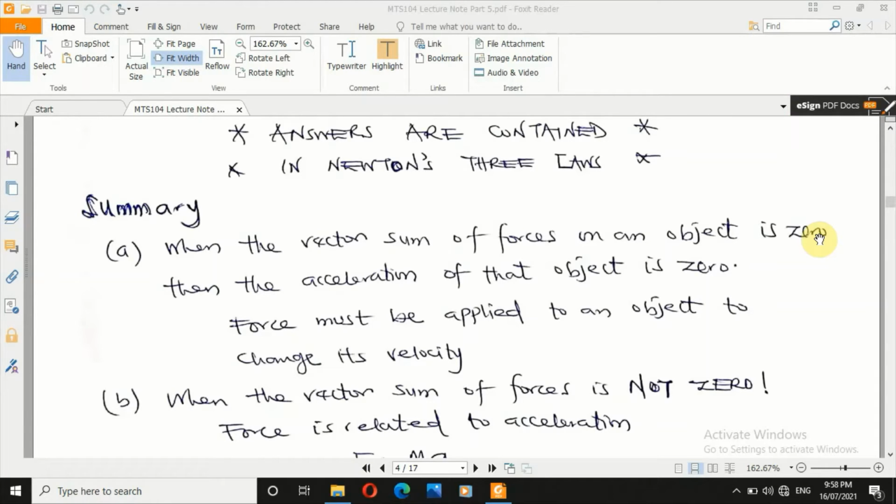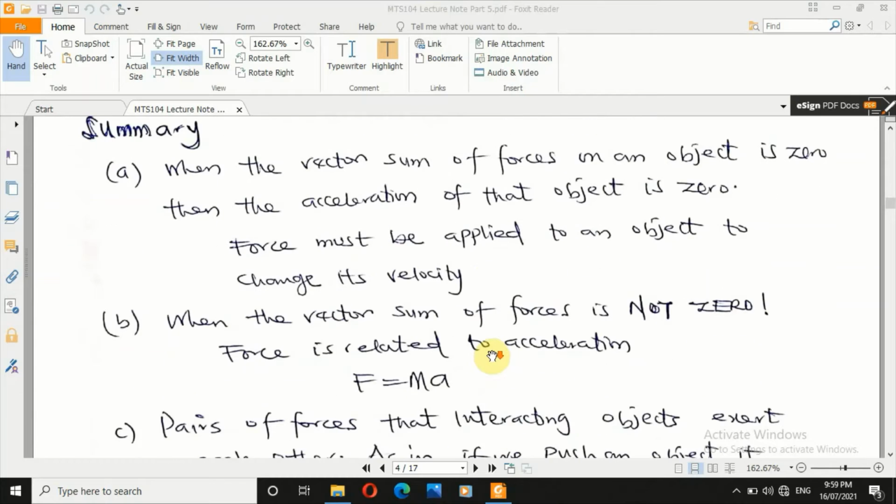That is why you notice that in this course, there are some cases whereby we don't even talk about the force, because we believe that the force is constant. Take note of that. So in the case that there is no force, it means that the velocity is constant.